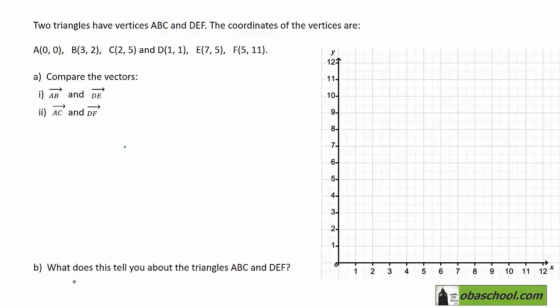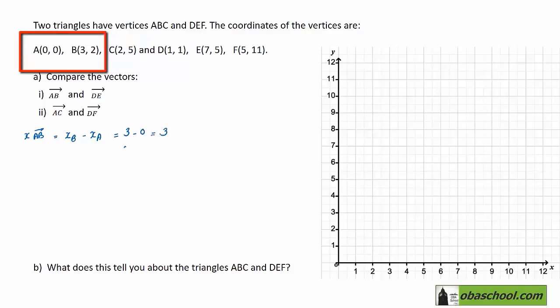Part A of this question says, compare the vectors AB and DE. Now, to compare these vectors, the first thing that you're going to have to do is to find the x and the y. So we say x of AB is equal to the x of the second point, which is B, minus the x of the initial point, which is A. And you can find them here. X of B 3, x of A 0.